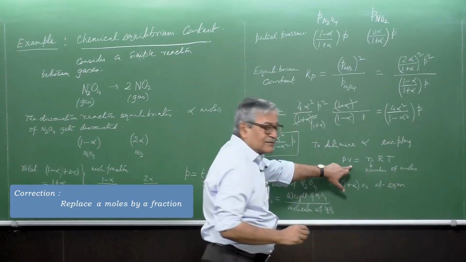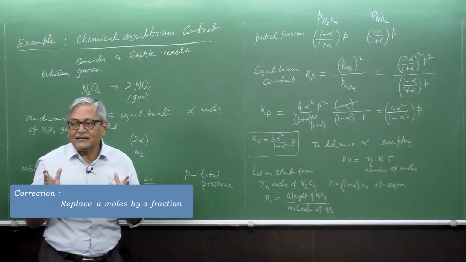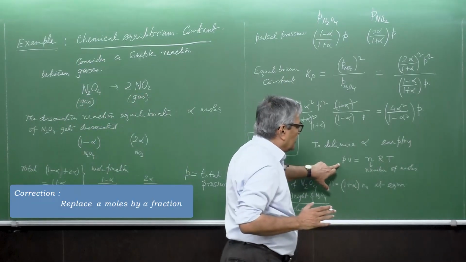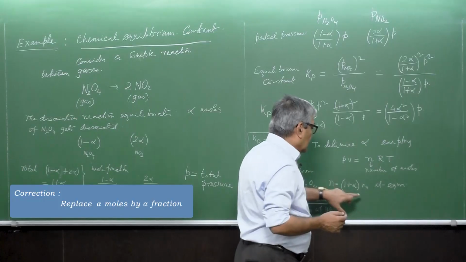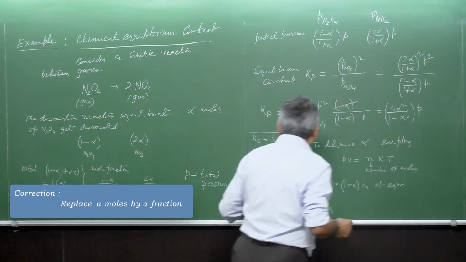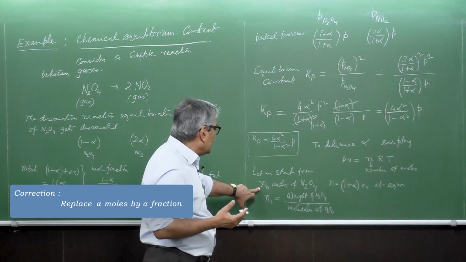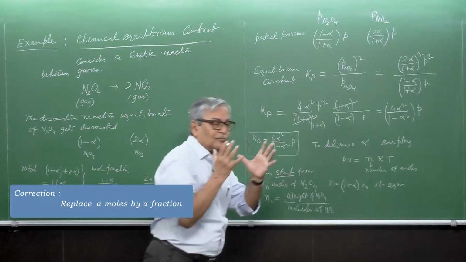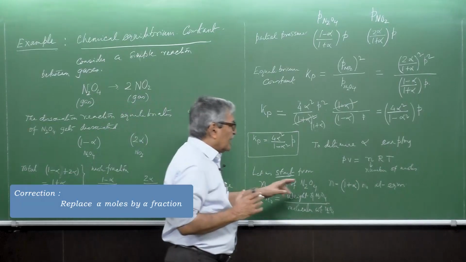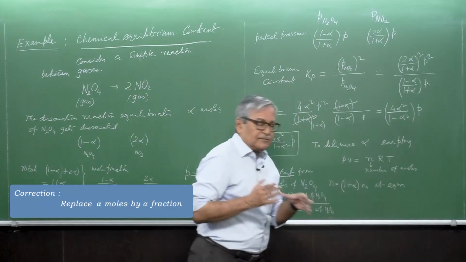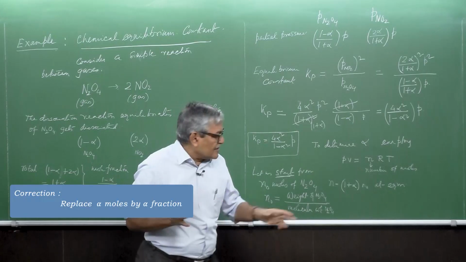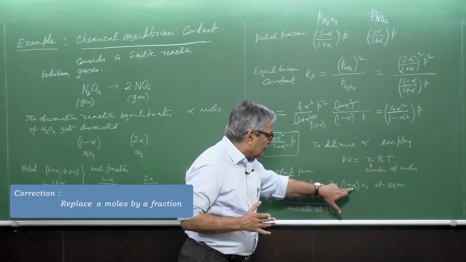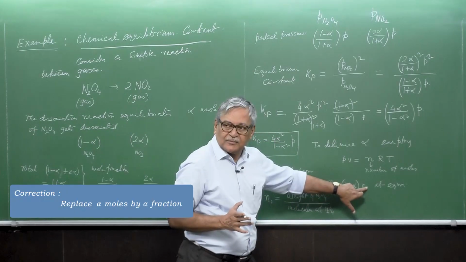The gas law actually operates at equilibrium condition, so this must be at equilibrium. N0 is the initial number of moles with which we started. So take care of the fact that this is an equilibrium condition specified by PV equal to nRT, but n is now 1 plus alpha times N0 at equilibrium.